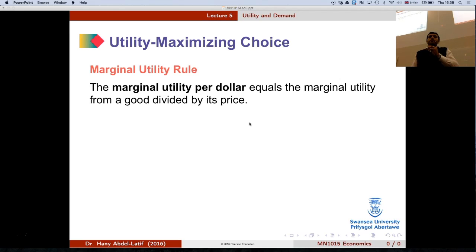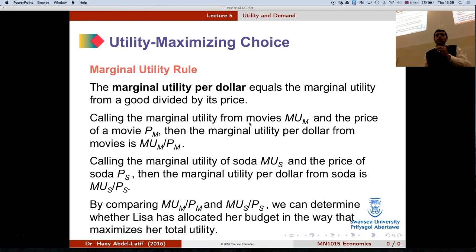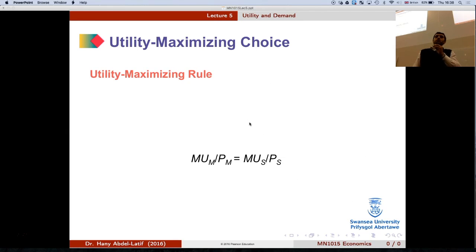Let's say the marginal utility is MU and the price is P. For movies, that's M. For soda, that's S. So what she's going to be trying to do is this. That is the marginal utility per dollar, the first part here for movies. And that's the marginal utility per dollar for soda. And that is where she maximizes her utility.